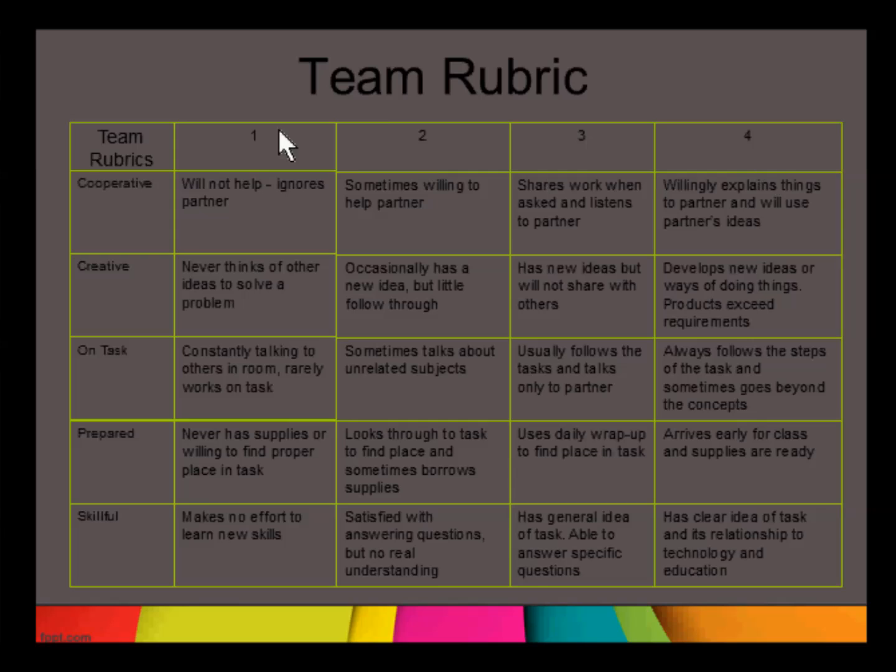And then these are the weights and the specific descriptors of the level that you want. So a person who is constantly talking to others in the room and rarely works on task is at a level 1. But at a level 4, they're always following the steps of the task and sometimes go beyond the concepts.